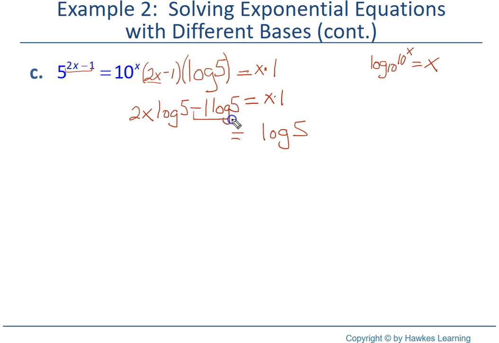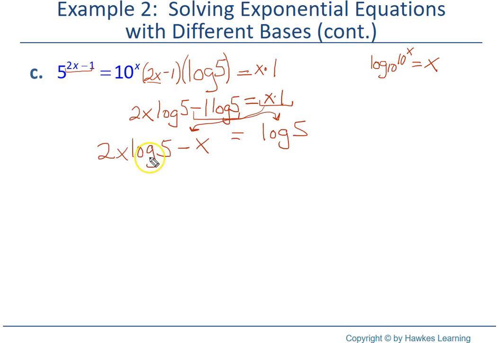So again, I'm taking this, moving it to this side, and I'm going to take this, now let me write it out here, 2x log of 5, move this to the other side as negative x. So I'm moving this to the other side, just transposing it.